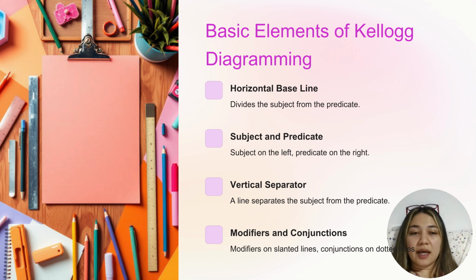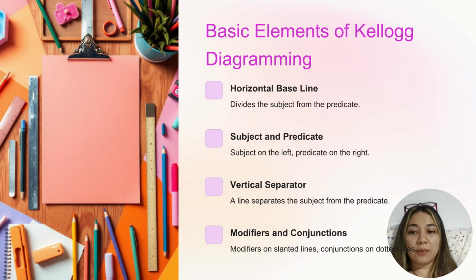For example, the horizontal baseline is where the most important parts go because it's the main line, and the subject is on the left, right? And the verb and object are on the right. The subject is on the left, verb and object are on the right.